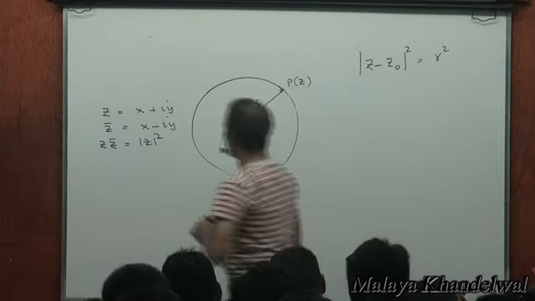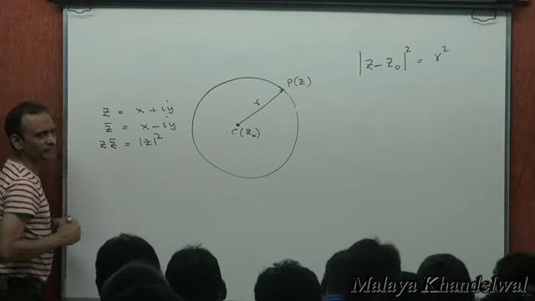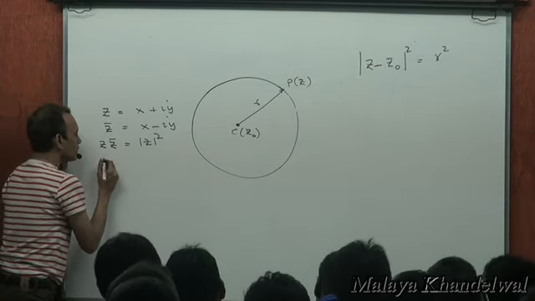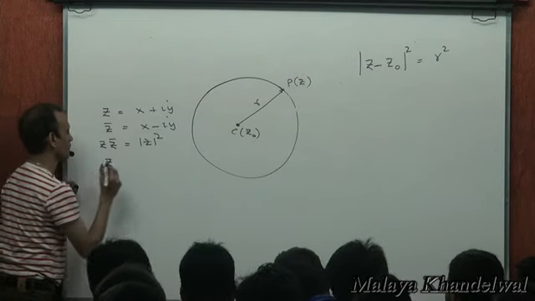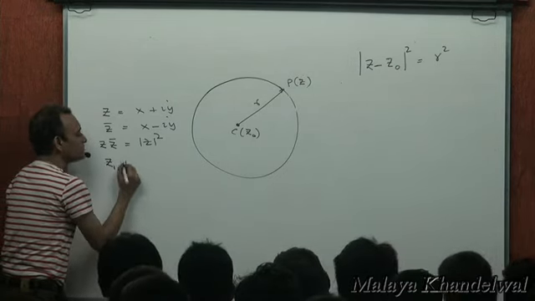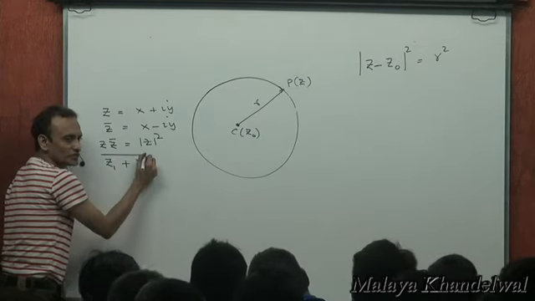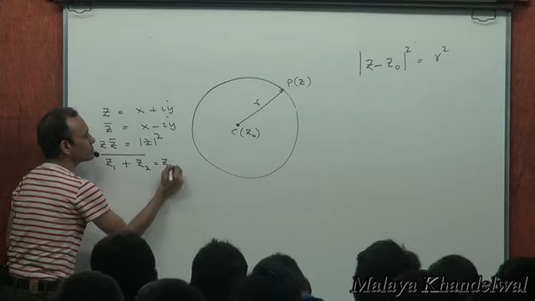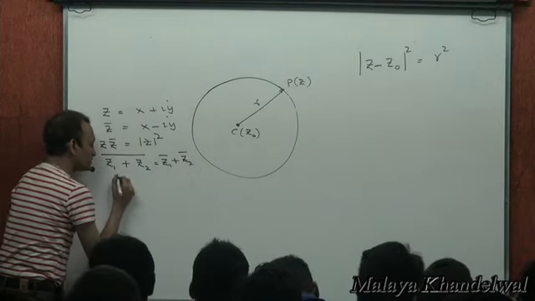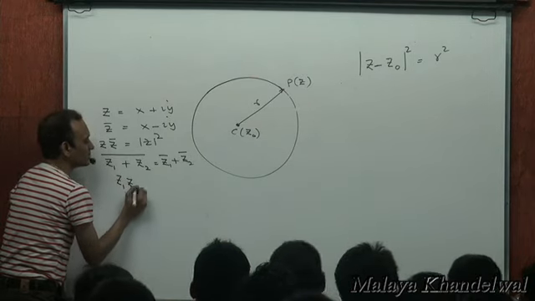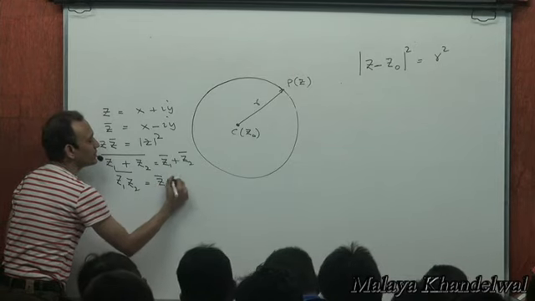One more thing you would want to check for yourself. If z1 and z2 are two complex numbers, and I take the bar of their sum, you will be able to see that it's going to be z1 bar plus z2 bar. If I take the product of two complex numbers and take the bar of that, then that's going to be z1 bar into z2 bar.